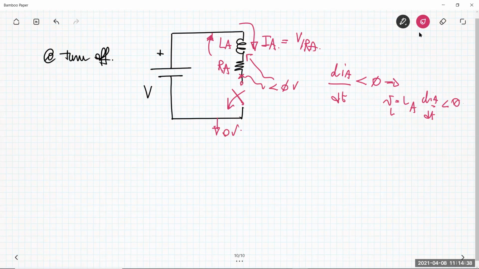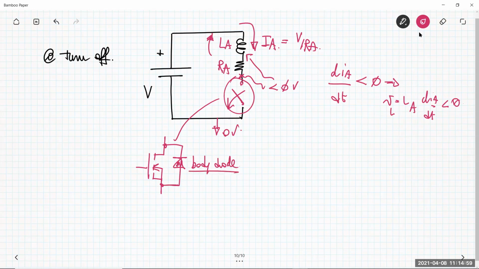The voltage here is what maintains the current at the same level. Remember that here you have a MOSFET, and the MOSFET always has what is called the body diode across it, between the drain and the source.